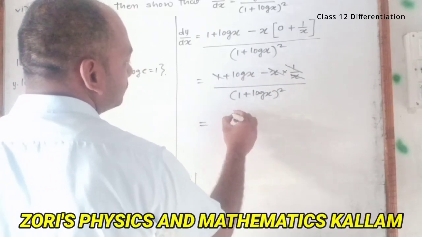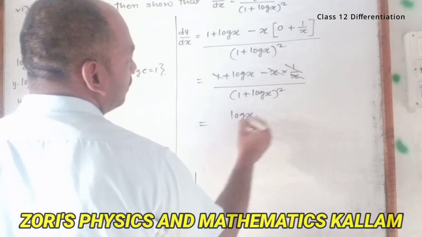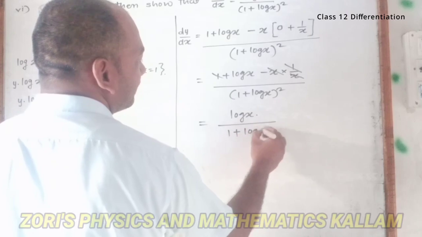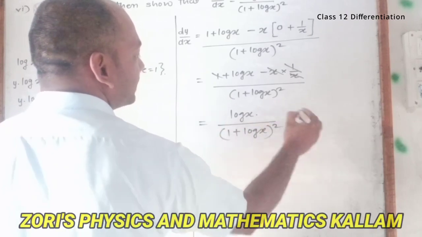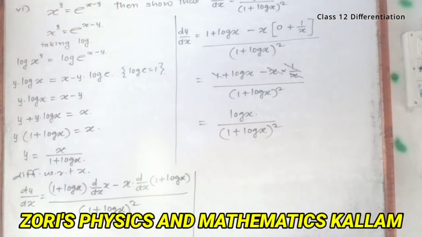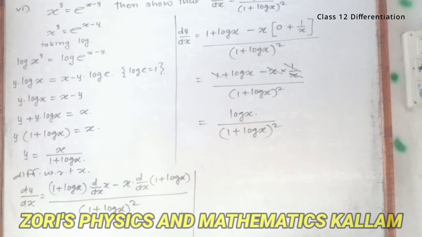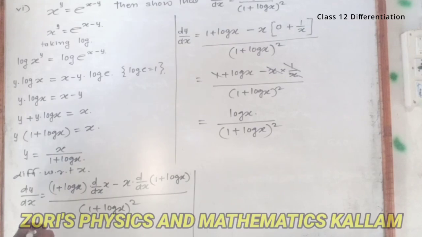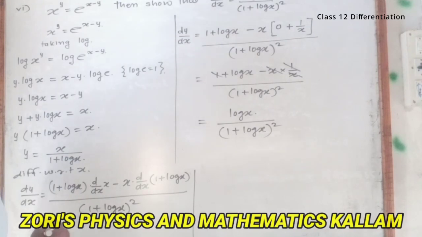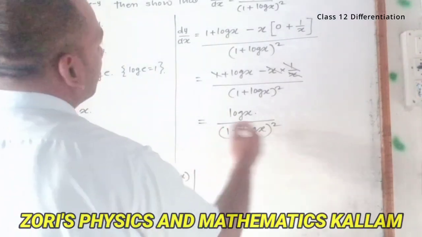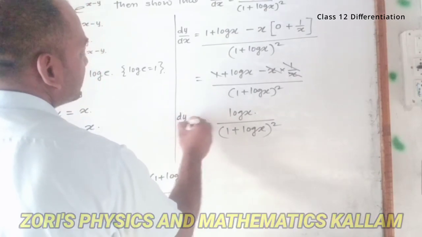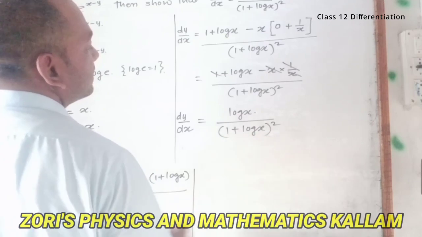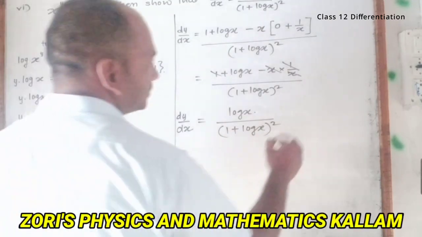So that is equal to log x / (1 + log x)². Now here the value of dy/dx = log x / (1 + log x)² is proved.